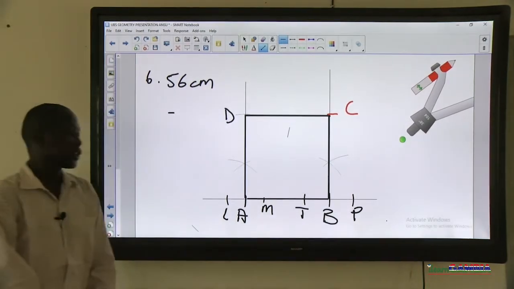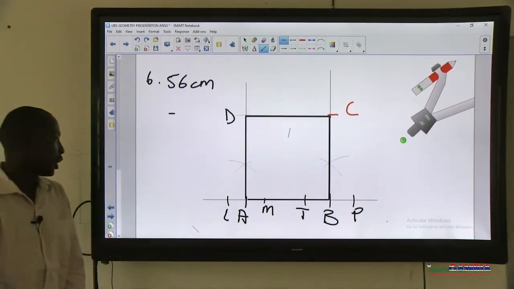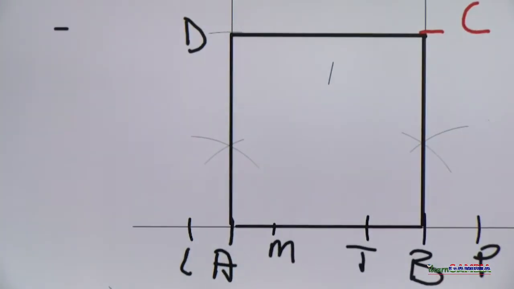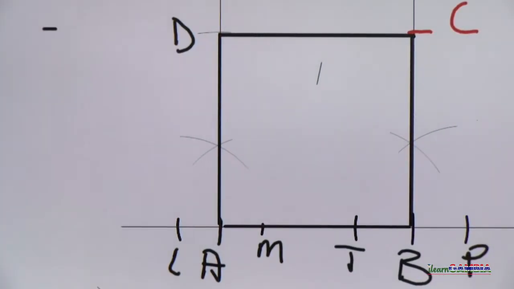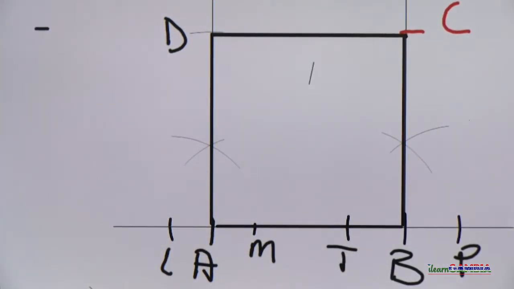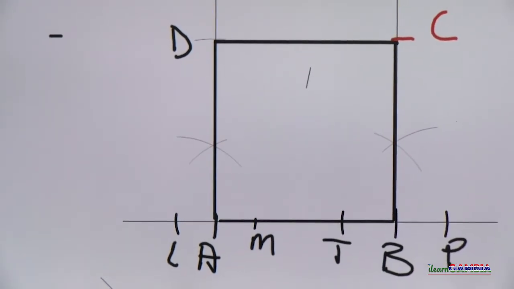That is the required square we are supposed to have constructed. Each of the sides there is 6.56 centimeters and each of the angles is 90 degrees. We move on.